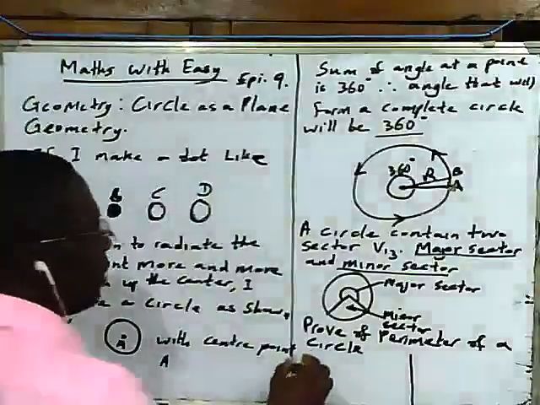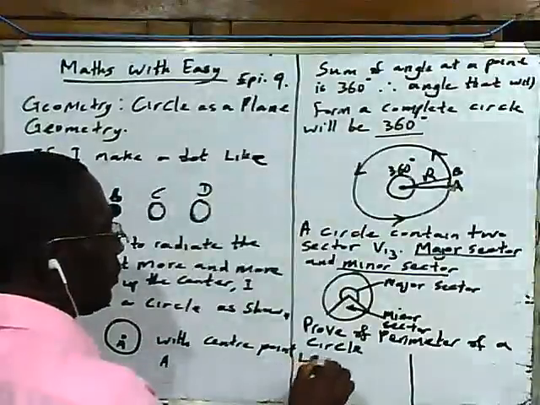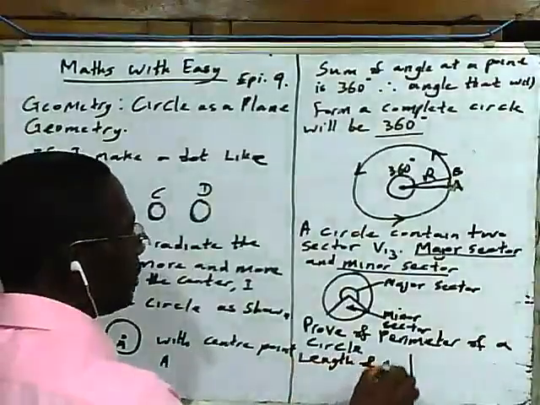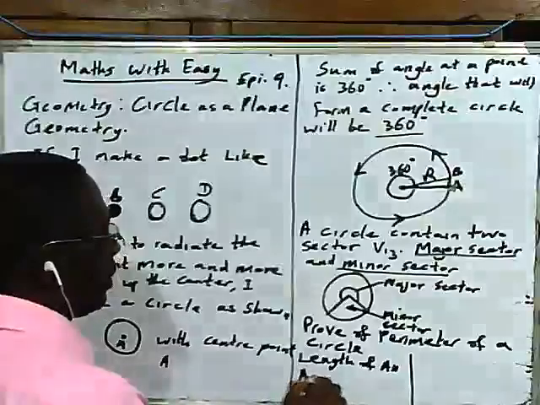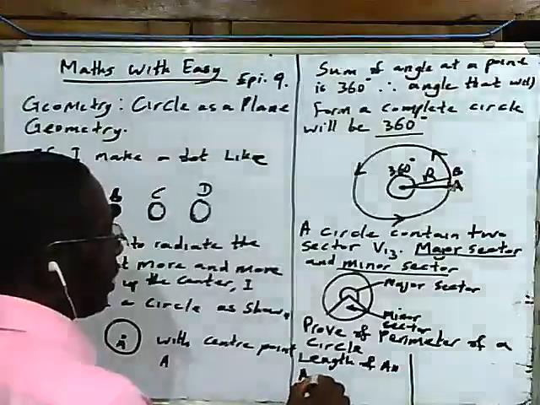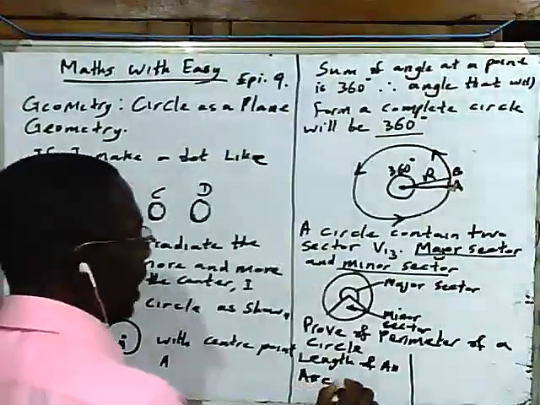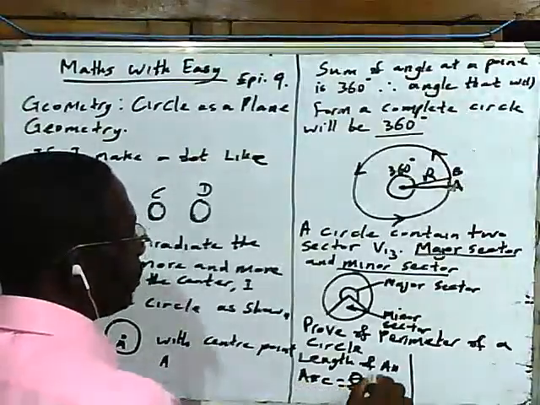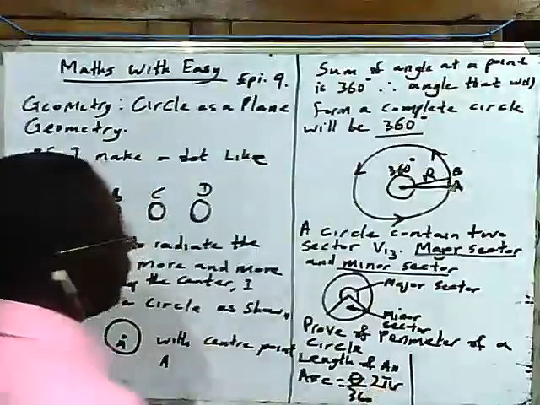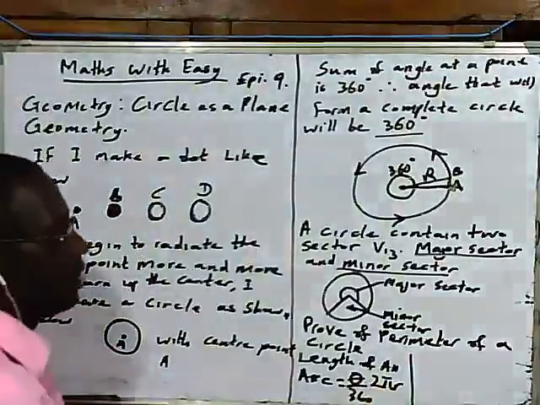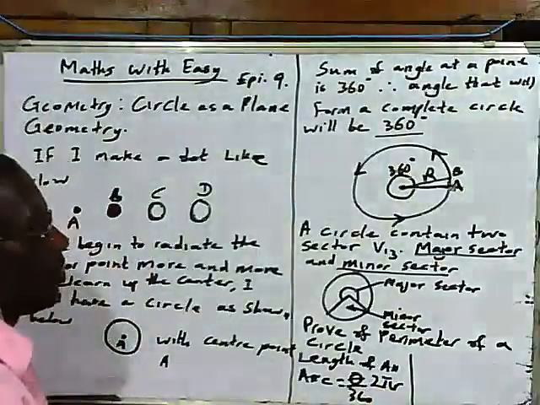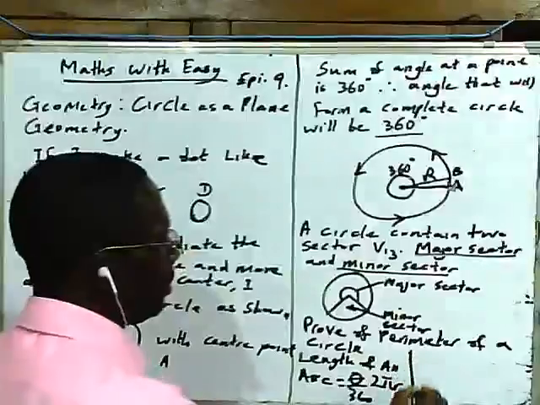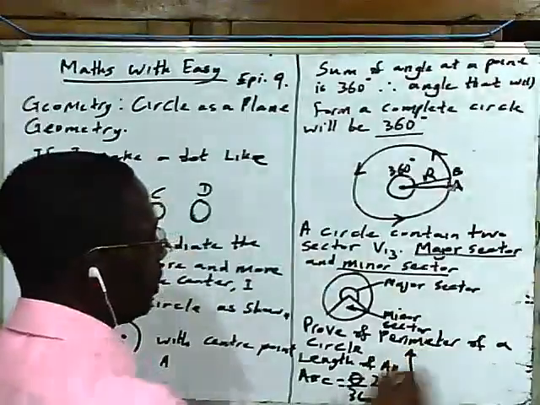So we know that the length of an arc is given as theta over 360 times 2 pi r. So it is from here that the perimeter of a circle, or circumference of a circle, is being determined.